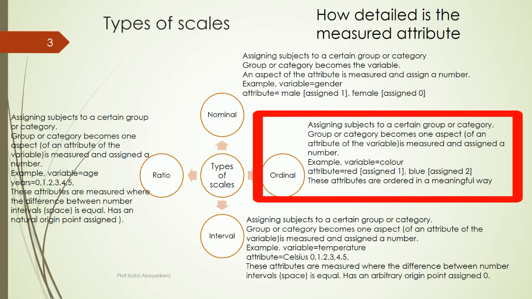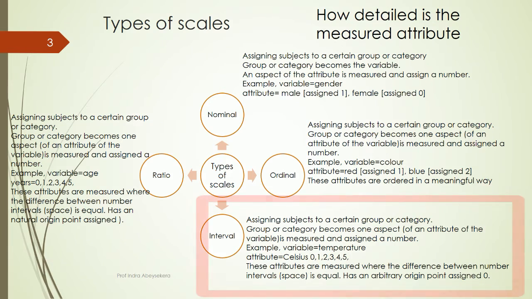But we have to assign numbers if we want to look at it in number form. So we can say red 1, blue 2. But when we are assigning numbers, we assign in a predefined order so that it makes meaning for the research problem that we need to address.